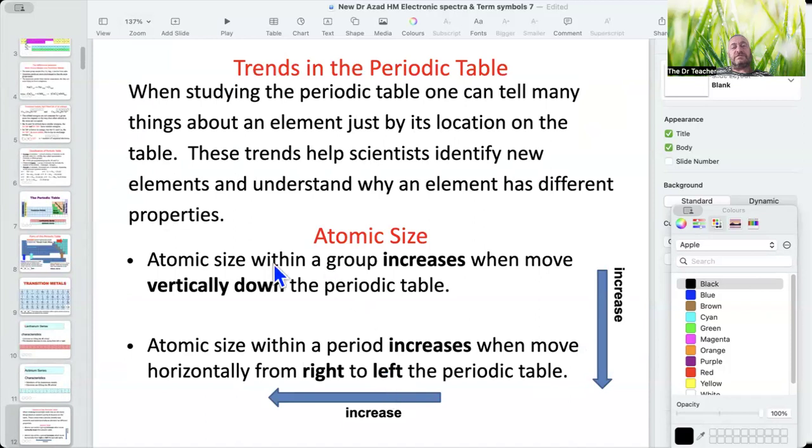Atomic size increases when moving vertically down in the periodic table, and increases moving horizontally from right to left.